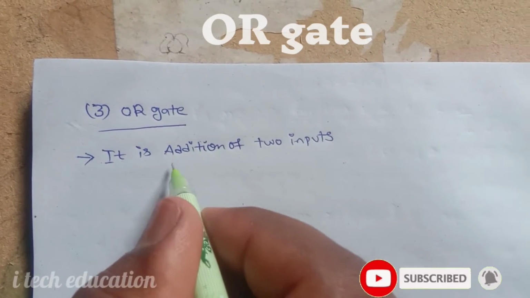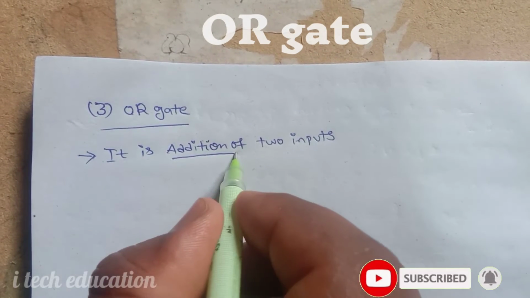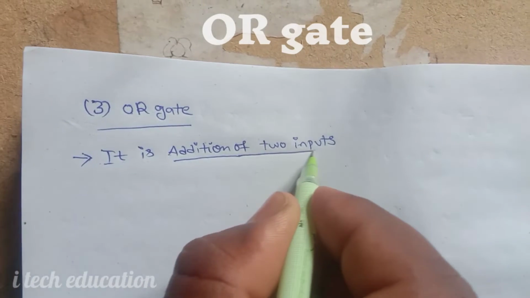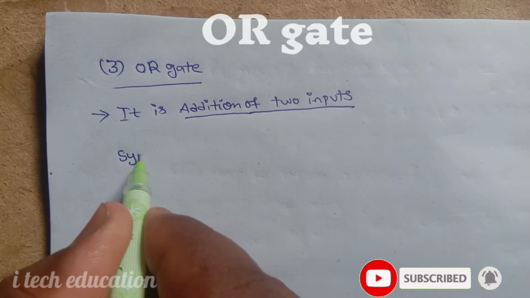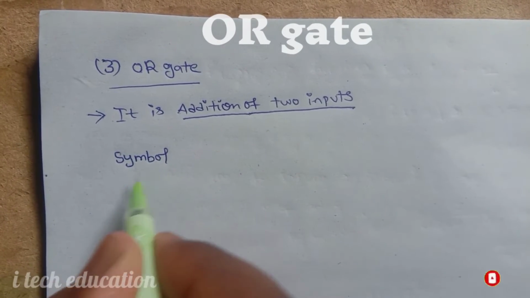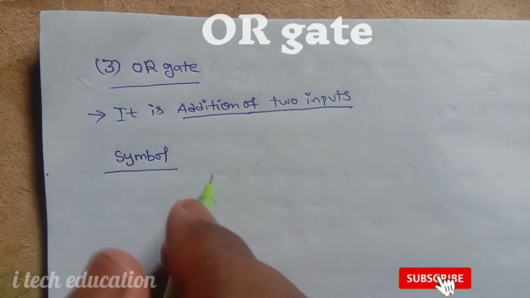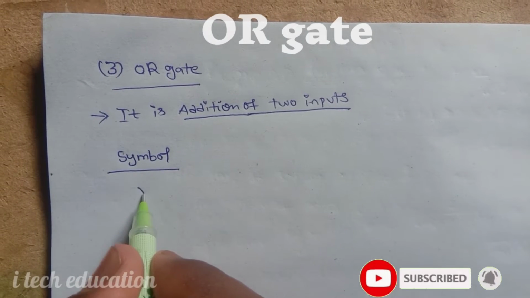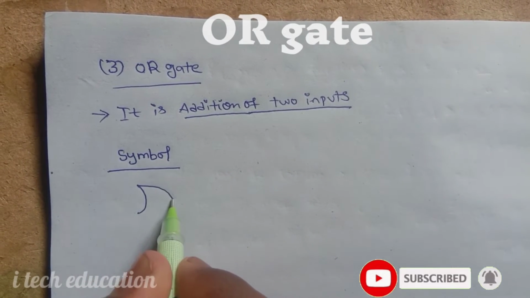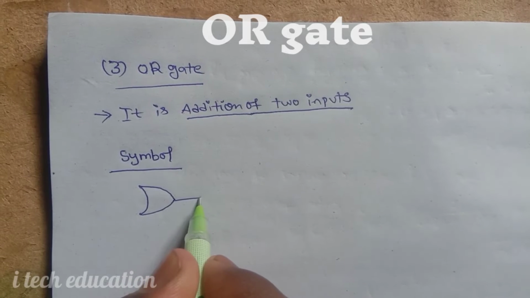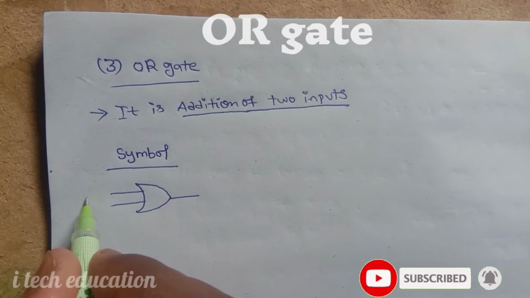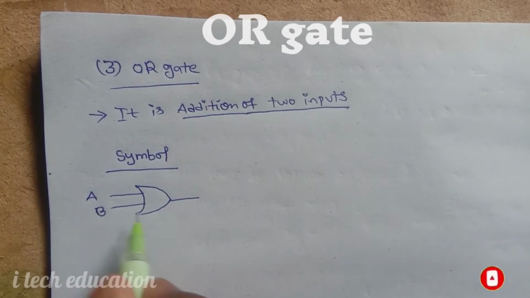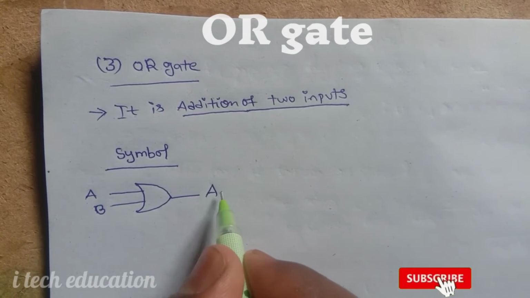So the addition of two inputs. Let us see symbol of OR gate. It is the symbol of OR gate. Two inputs, that is A and B, the output A plus B.